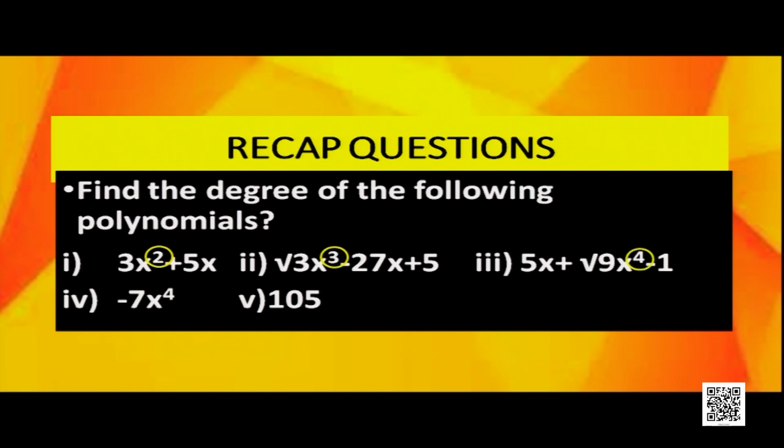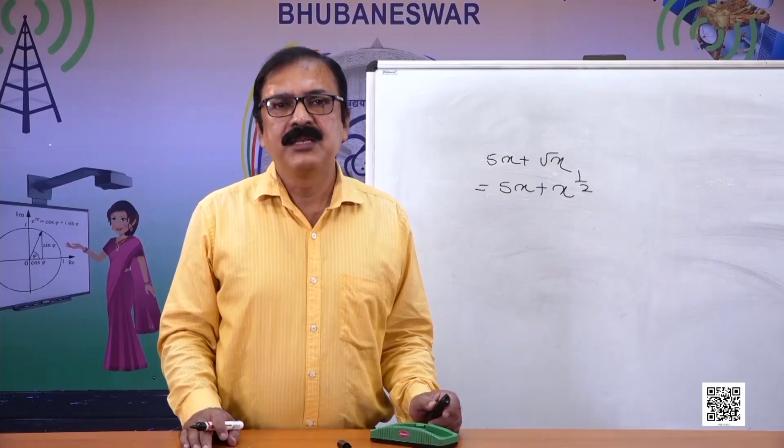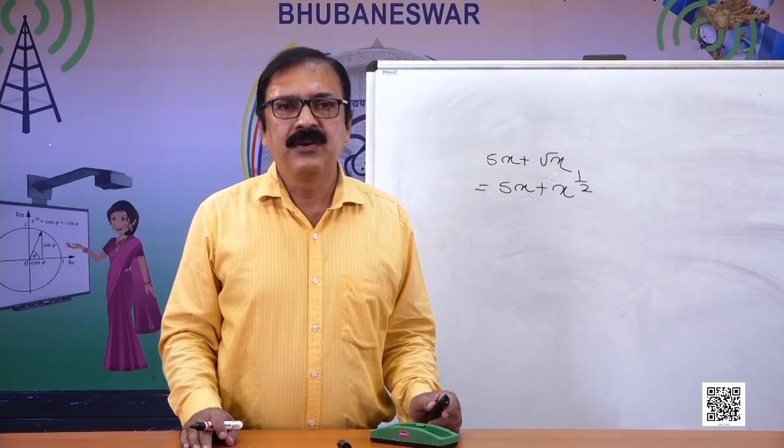In the case of minus 7x to the power 4, this is a monomial and its degree is 4. In the case of 105, it is a constant. We have learned that constants are polynomials of degree 0, so 105 is a polynomial of degree 0.